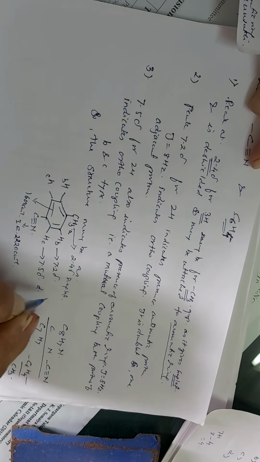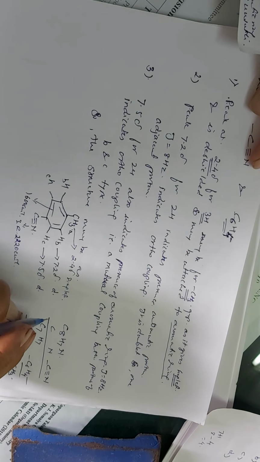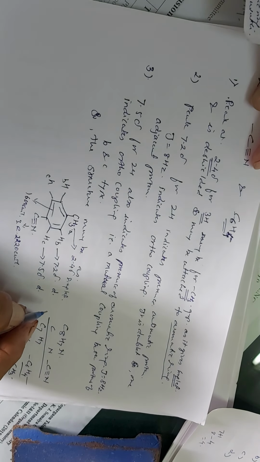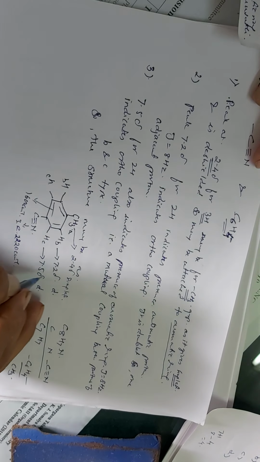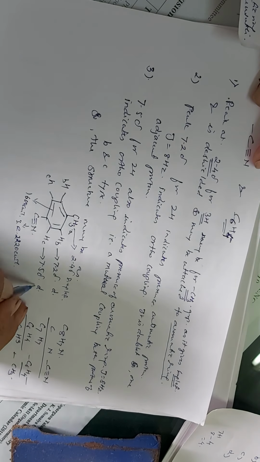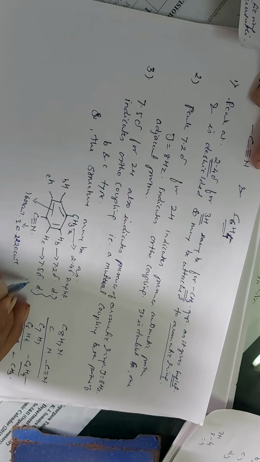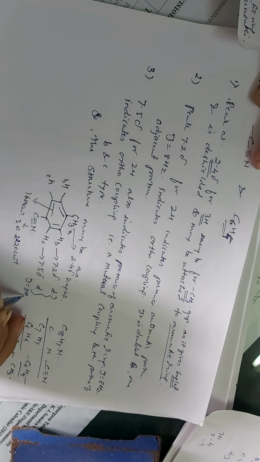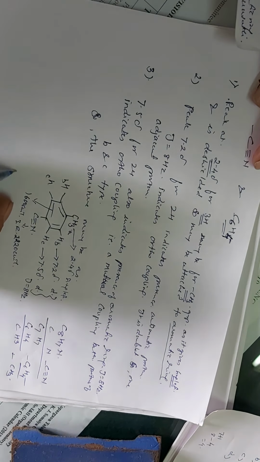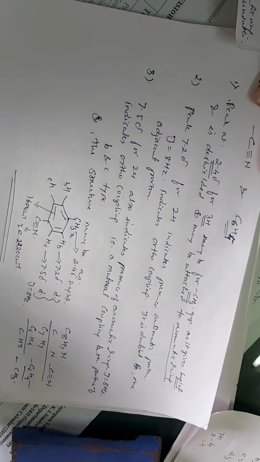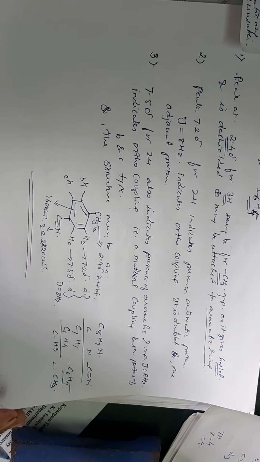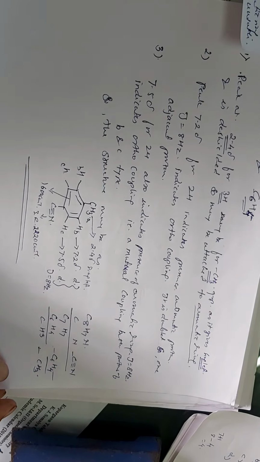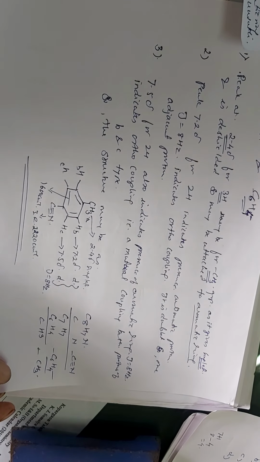This will give a doublet, and this will give a doublet, and they have the coupling constant J equal to 8 hertz. So in this way, this is the structure of your organic compound with the molecular formula C7H8. By using these different techniques, you can solve different problems.